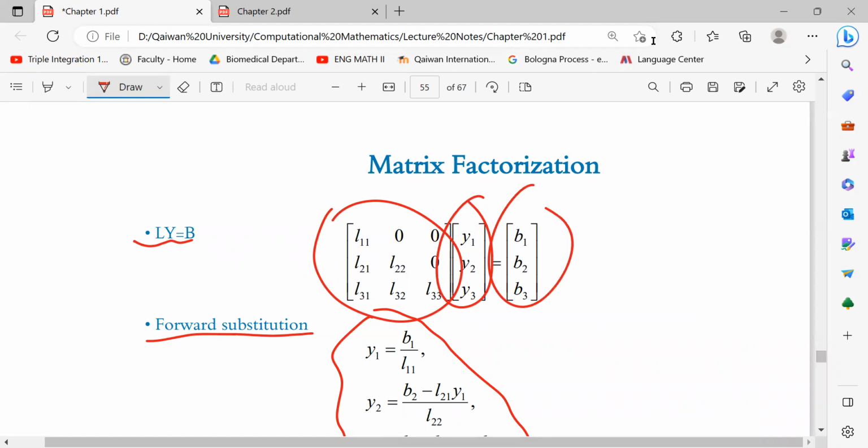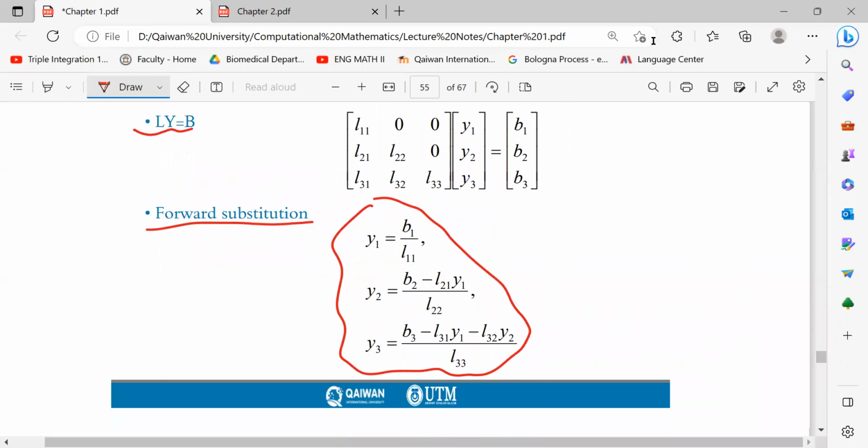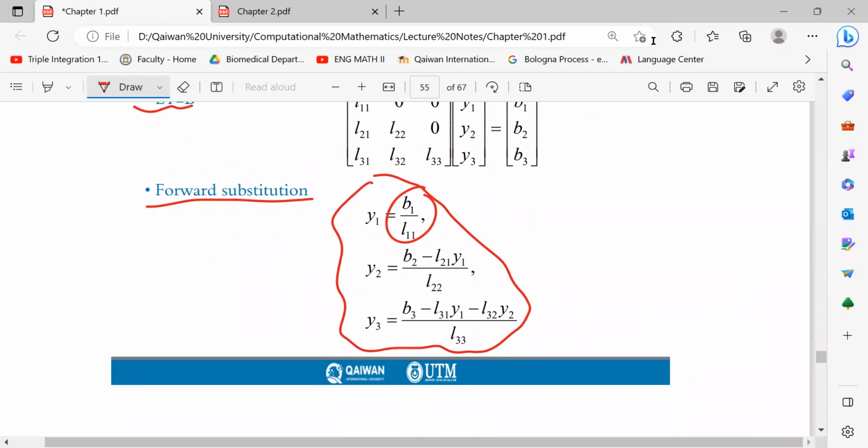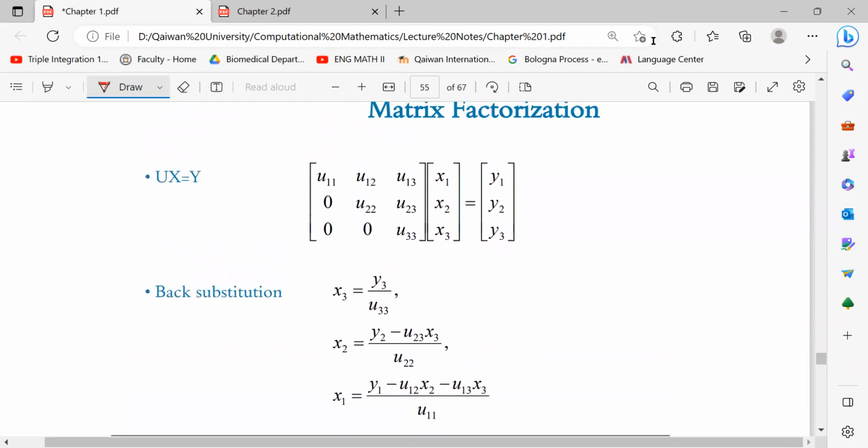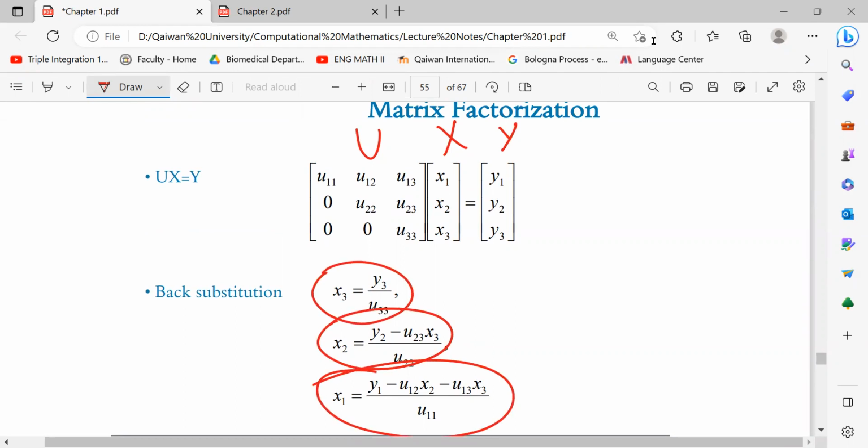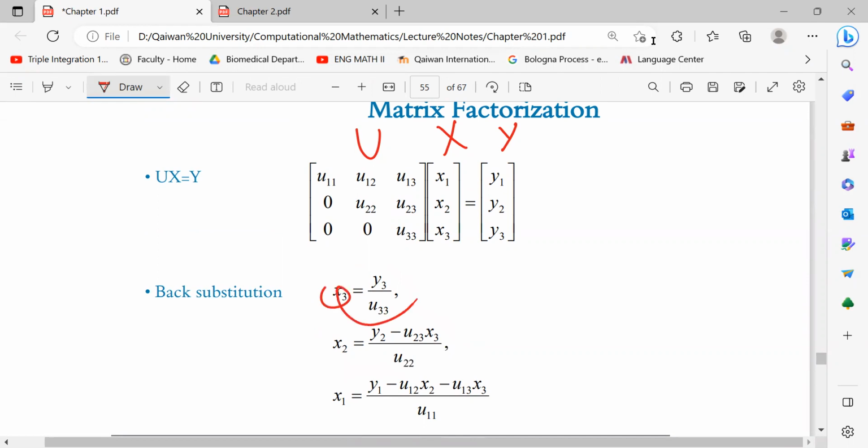You can say y1 is this, y2 is this, y3 is this, directly. And in multiplying U by x, which equals y, it's the last step. It's x3 is this, x2 is this, and x1 is this. But here, after finding x3, you need to replace it here to get x2. After finding x2, you need to replace x2 and x3 here to get x1.